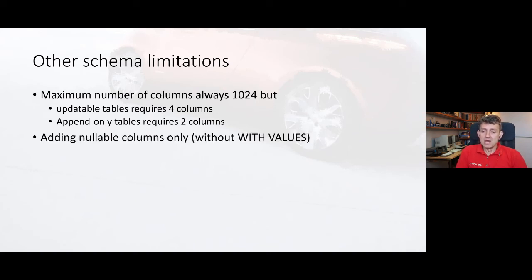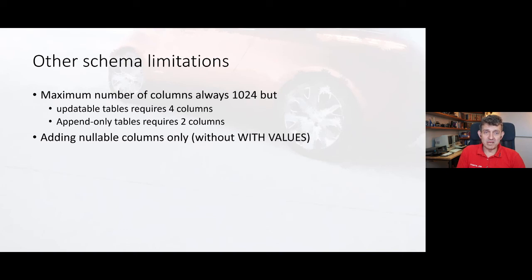You can add columns, but they need to be nullable. You cannot specify values. Nulls are treated as nothing, and so they don't come into the calculation of the digest. So there's no problem. This is why you can add them, but you can only have them null.